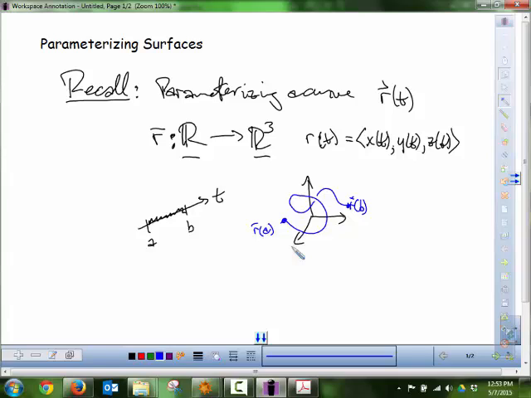Is this making sense so far? Look kind of vaguely familiar?